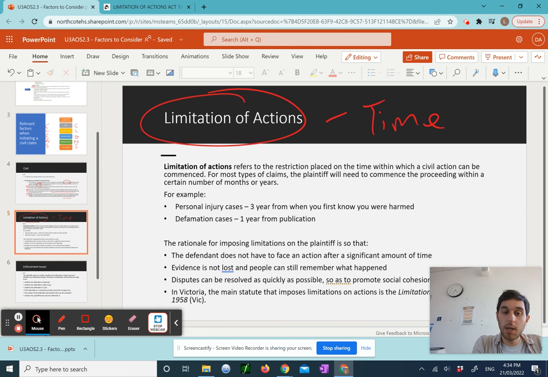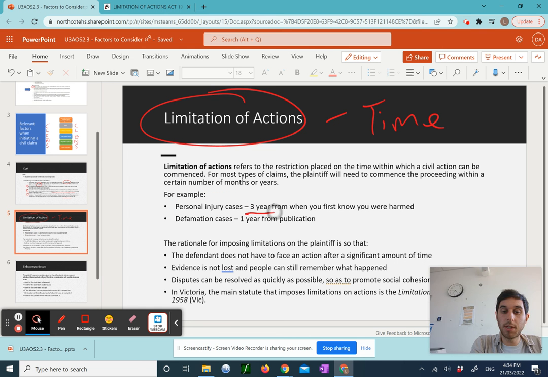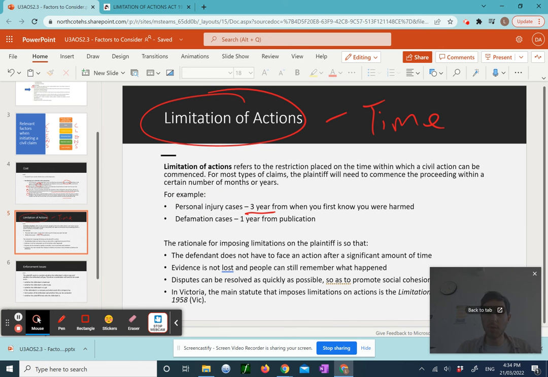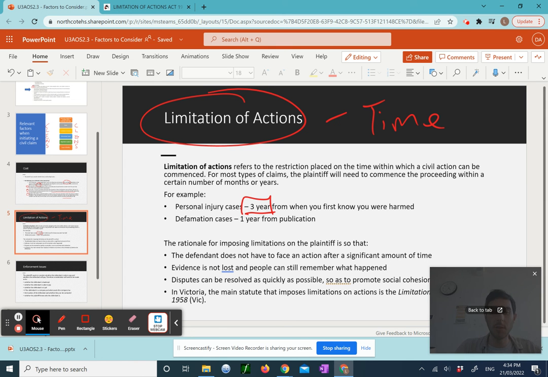So, for example, personal injury negligence cases have a 3-year window from the moment you first realized you were harmed. That means if, for example, you got asbestos in your lungs 20 years ago and the doctor only diagnosed it 2 years ago, you're still within that 3-year time limit because you only discovered it 2 years ago.